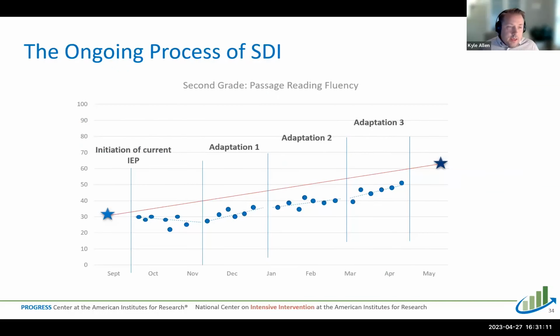So, I mean, essentially it can look like something like this, right? Where in this graph, we can see that this team has utilized several adaptations through the data-based individualization process to adapt the student's specifically designed instruction.